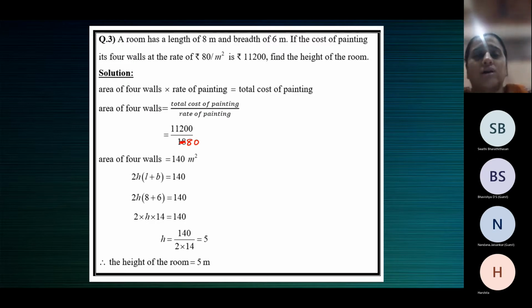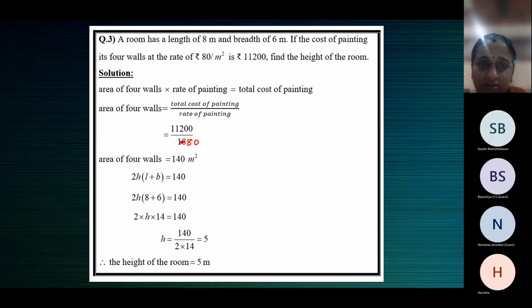He'll not talk in terms of length or breadth. To paint that area of 1 meter square, he charges 80 rupees. So 80 rupees per meter square is the rate.